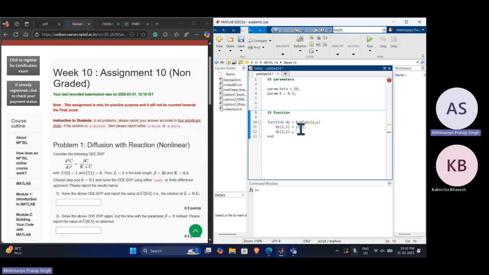So this y2 is basically dc by dz. So the next term would be, I will input parameters. So parameter beta multiplied by y1.